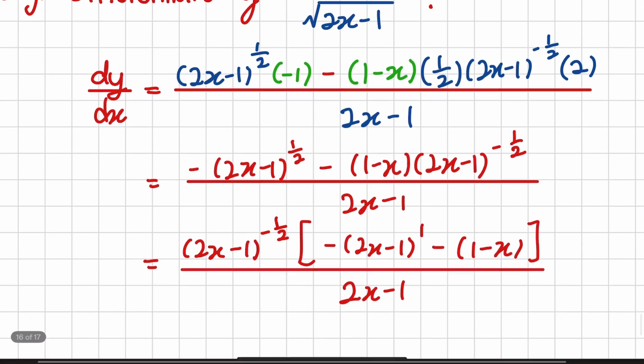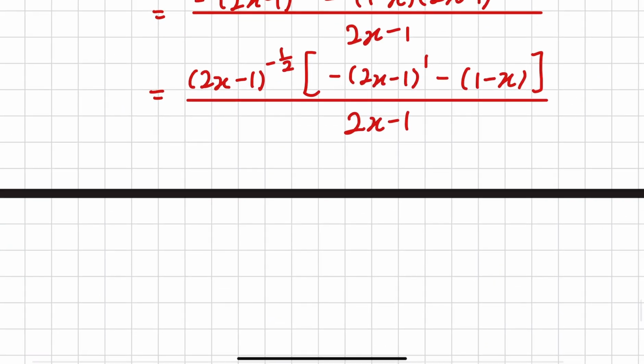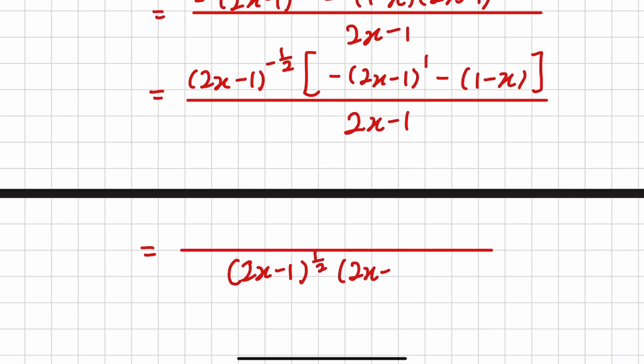If I continue to simplify, this power negative half, I can bring down to the denominator. So the denominator will be 2x minus 1 power half times 2x minus 1, which is from this denominator multiplied to this expression brought down to the denominator.